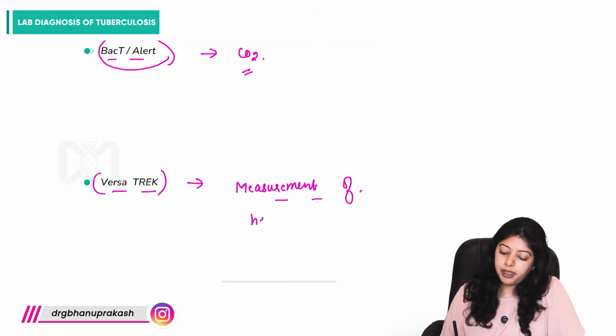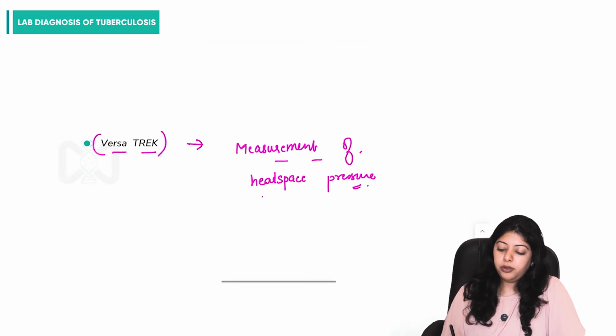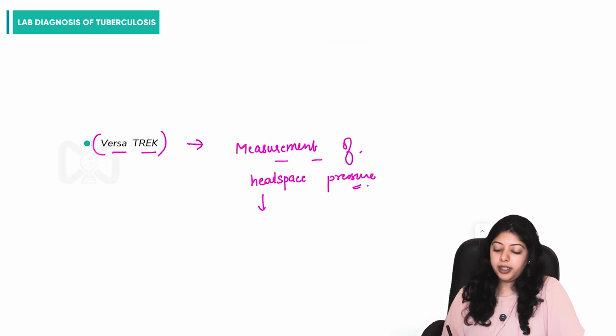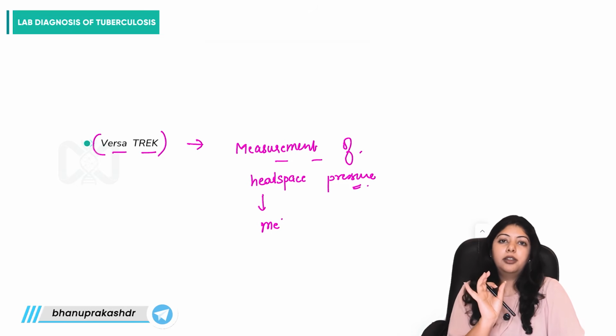And the other system is based on the measurement of the head space pressure. It is also dependent on the metabolic activity, which produces pressure in the upper portion of the bottle connected inside the instrument.